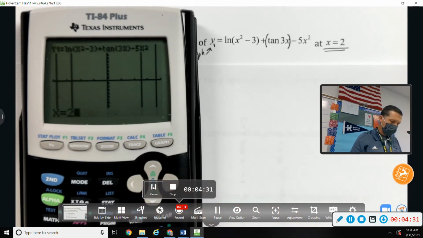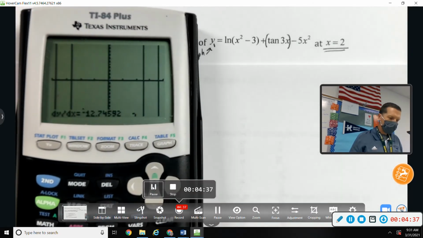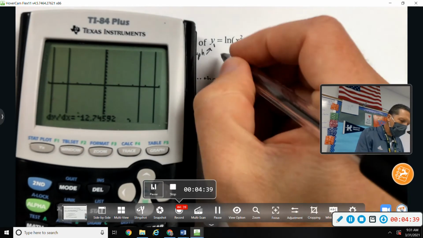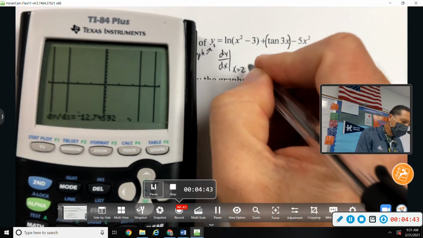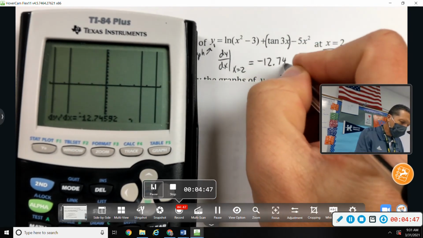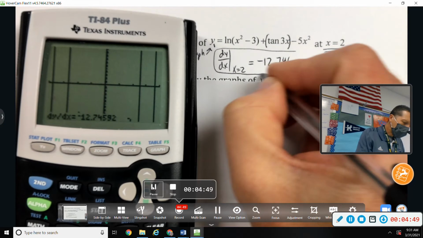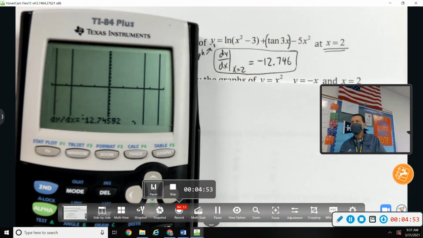So 2. So at x equals 2, dy/dx is negative 12.746. And that's kind of all there is to that problem.